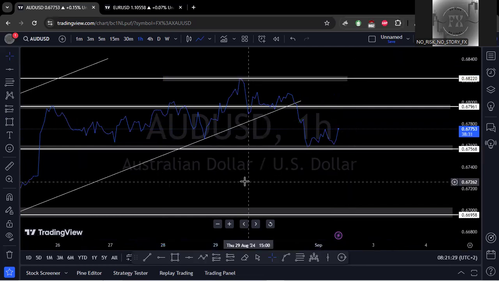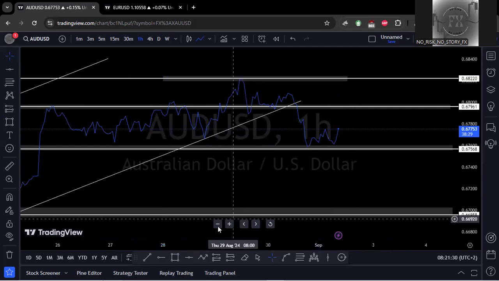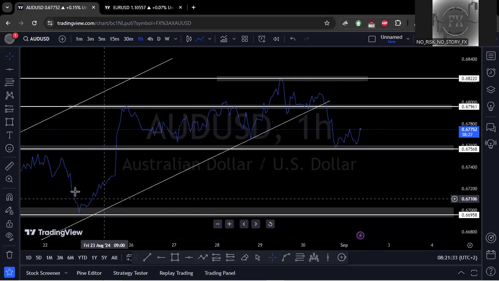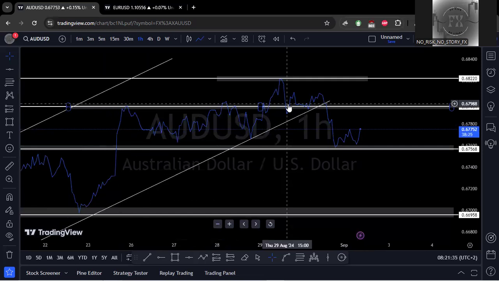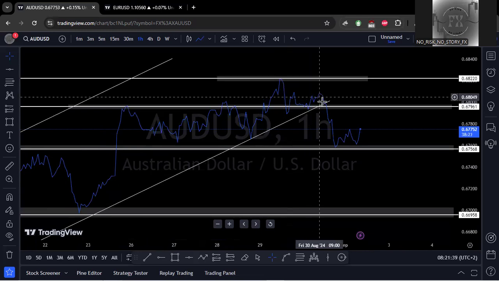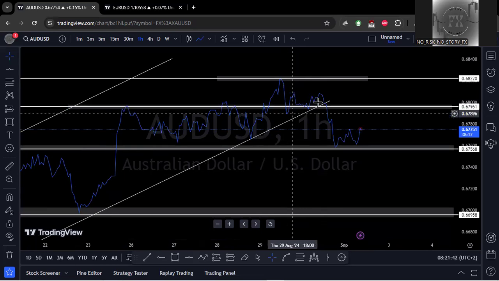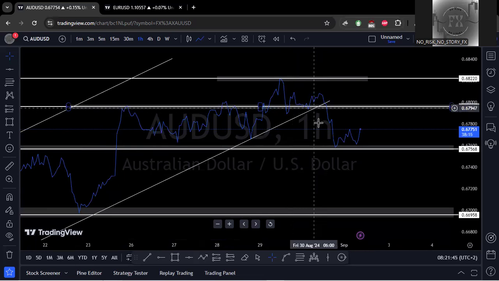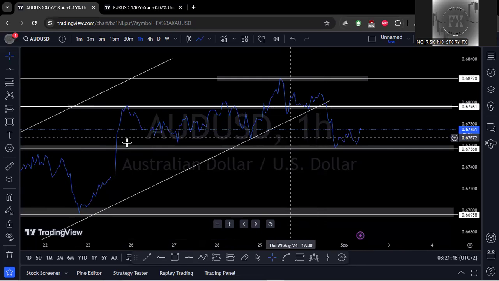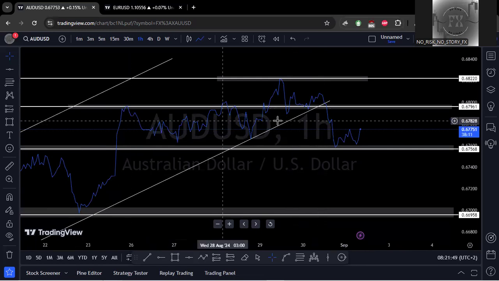So yeah, guys, as you can see, we've been in a bullish trend for the longest time now, and we just created this high. After creating this high, we went back to this consolidating area here.